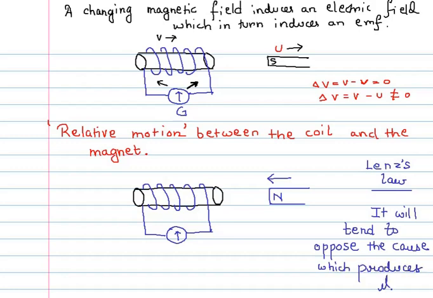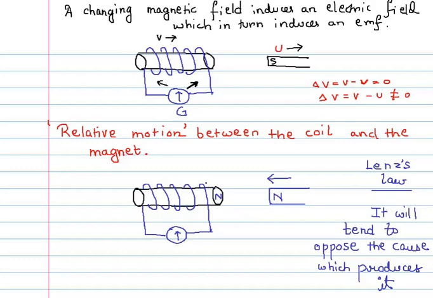So here the induced EMF in the coil is being produced by this magnet which is moving. So according to Lenz's law, the induced EMF in the coil should be in such a direction that it will oppose this magnet. So when does a magnet get opposed by another magnet? When their like poles are facing each other, because we know like poles repel.